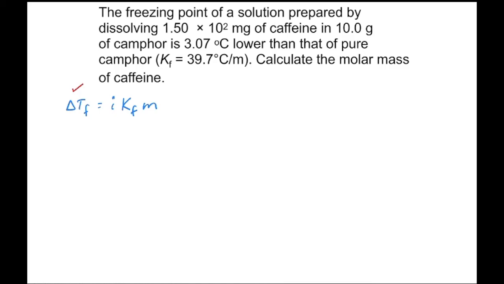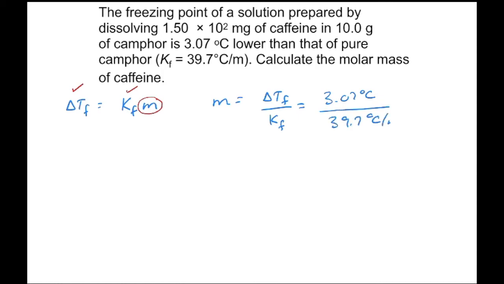We're not going to actually need i because caffeine is a non-ionic solute. We're given Kf, so we have to solve for molality. So m is going to equal delta Tf over Kf, which is 3.07 degrees Celsius over 39.7 degrees Celsius per molal, and that's going to give us 0.0733 molal. So that's our molality.